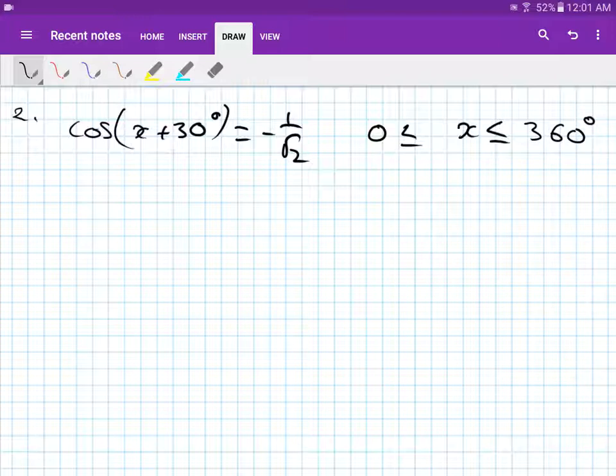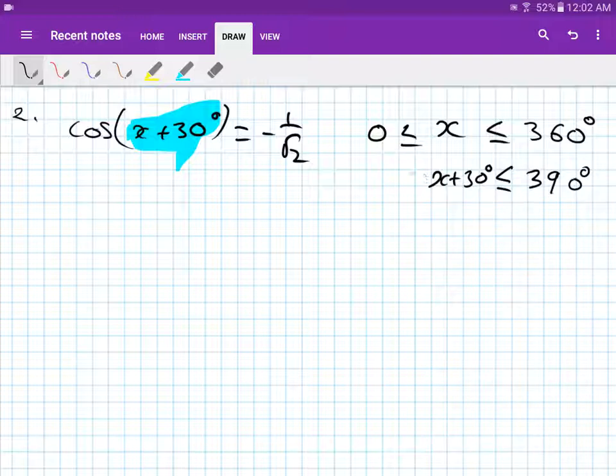At the moment x is between 0 and 360 degrees. However, this one is x plus 30 degrees, so we need to change the domain. Because I add 30 on the left, I need to add 30 on the right as well, which is 390 degrees. That's your new domain. First of all, you fix the domain up.